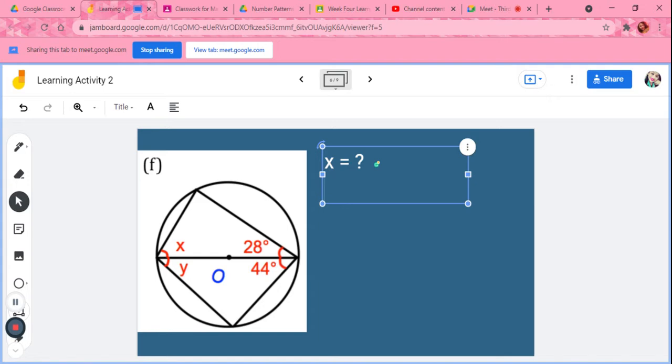Now, what were we talking about yesterday about an angle in a right angle that could give us more information about this question? The 90 degrees. Very good. The angle in a semicircle is equal to 90 degrees.